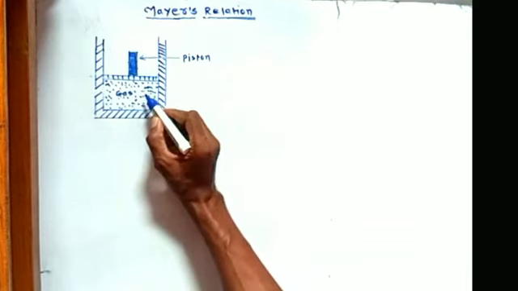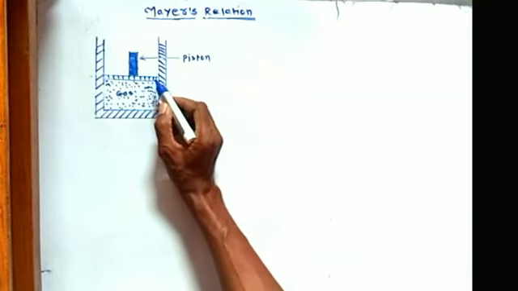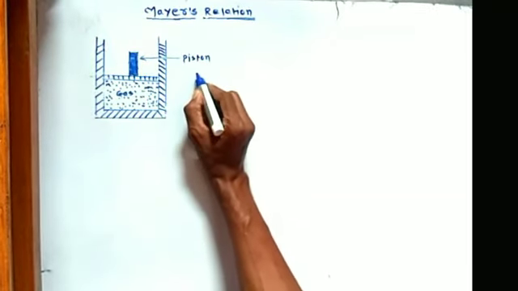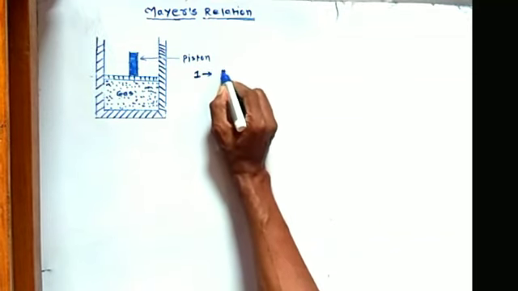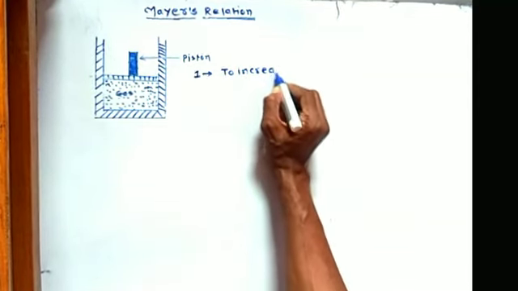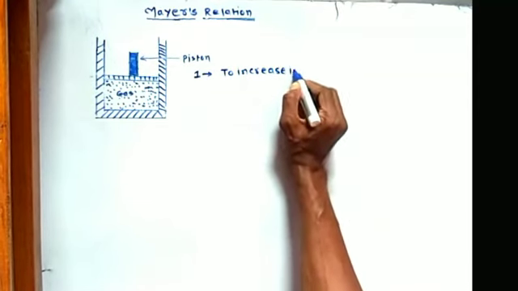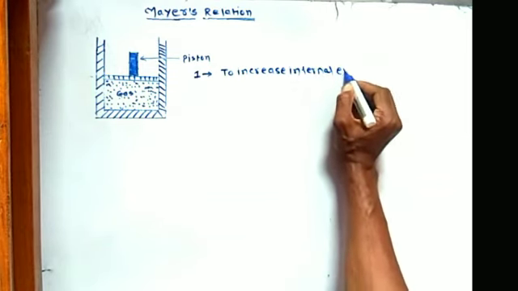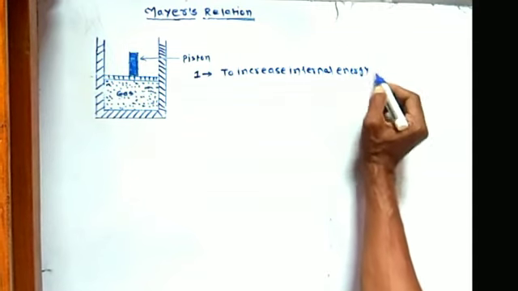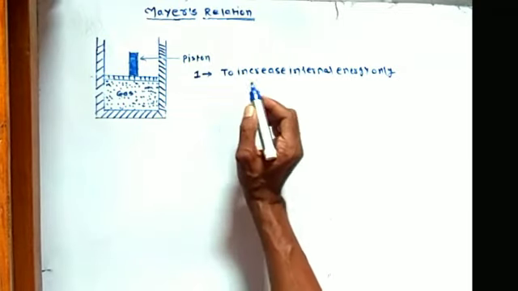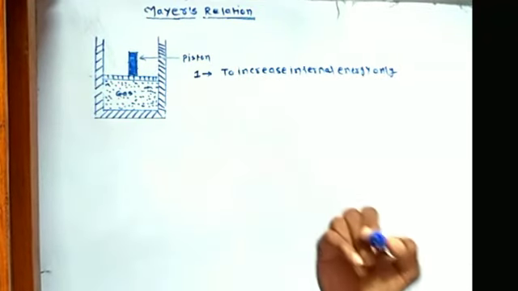Therefore, the total heat energy absorbed by the gas is completely converted for one purpose, and this is to increase the internal energy only, because as the volume is constant, no work is done.